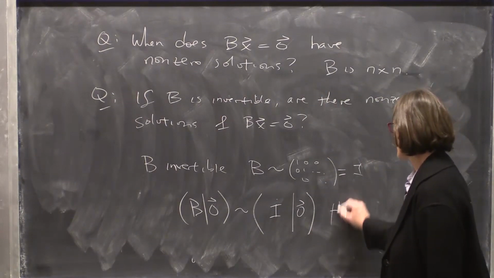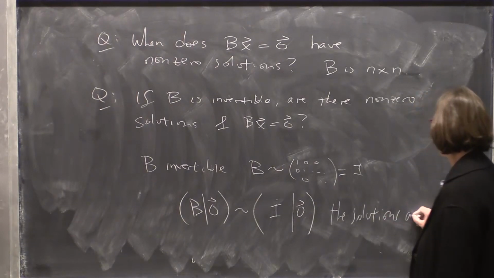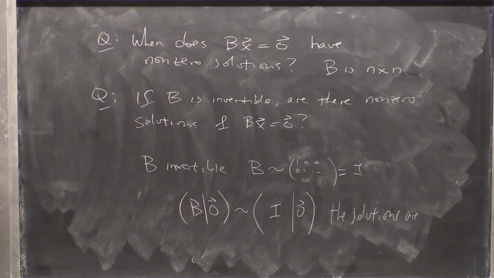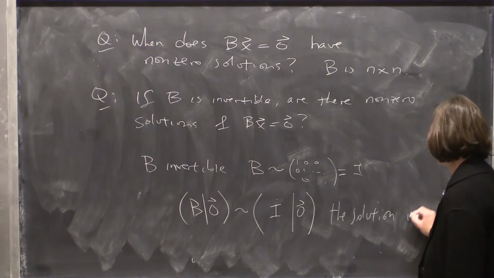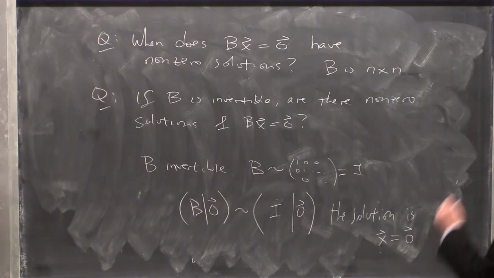The identity. So how many solutions are there? One. All right, so if B is invertible, are there non-zero solutions of Bx equals 0? No.